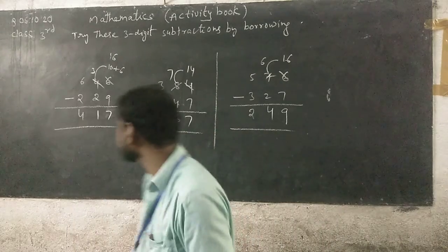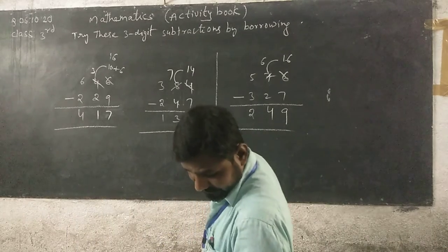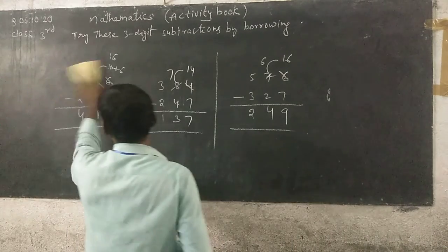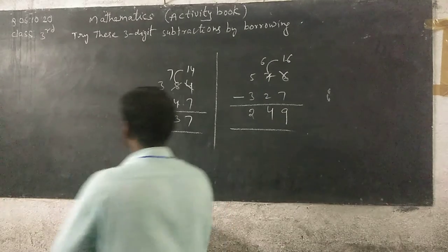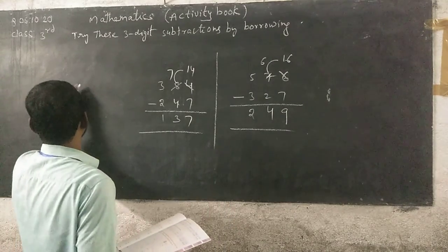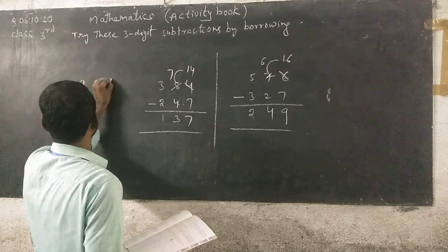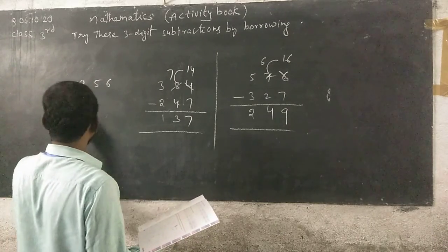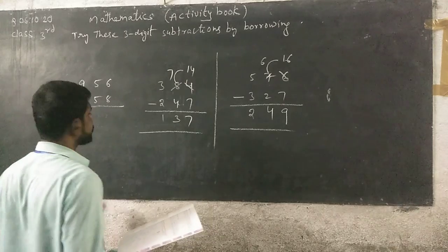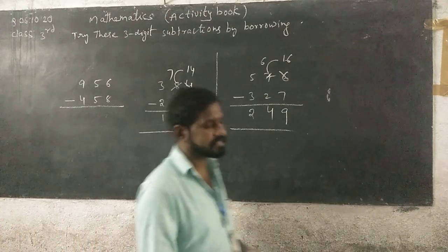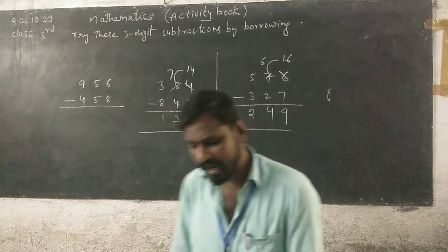Next, 956 minus 458. First subtract the digits in ones place, that is 6 minus 8. Is it possible?